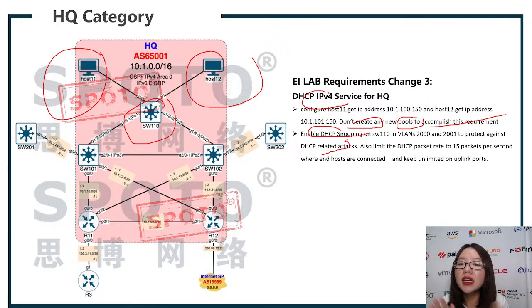Also, limit the DHCP packet rate to 15 packets per second where hosts are connected, and keep it unlimited on the uplink port. This part specifies the IP address of the host, but it is not difficult.